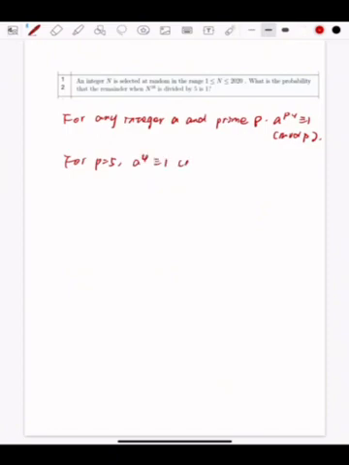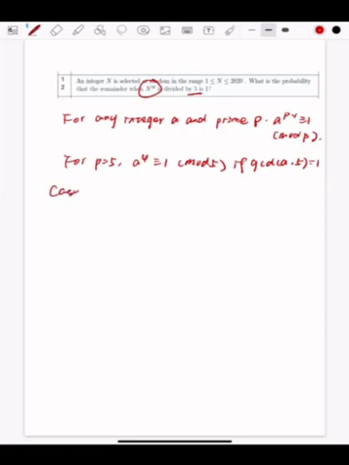Okay, first we know for any A and the prime P, we have, and when the mod is P, and this time A is not divisible by P. So now we want to find this one, and by 5.